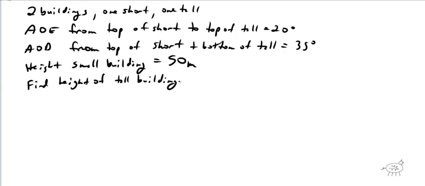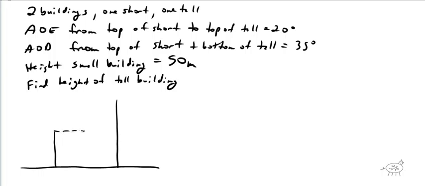So basically this is what you have. Let's just draw a nice little picture here. And that's actually key. So you have a short building and you have a tall building. And here's your ground, which makes a nice perpendicular. Then let's read what we have here now. The angle of elevation from the top of the short building to the top of the tall is 20 degrees. So again, put your dotted line in here.